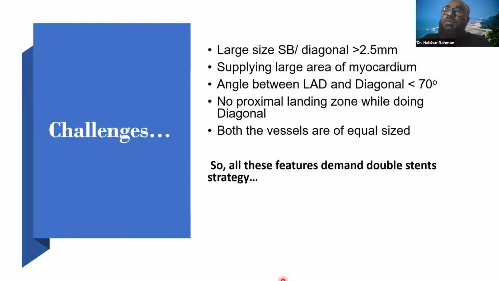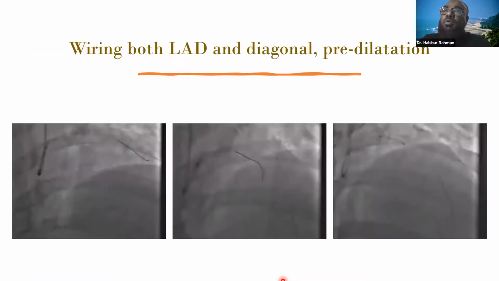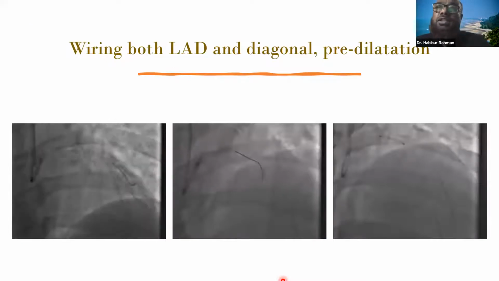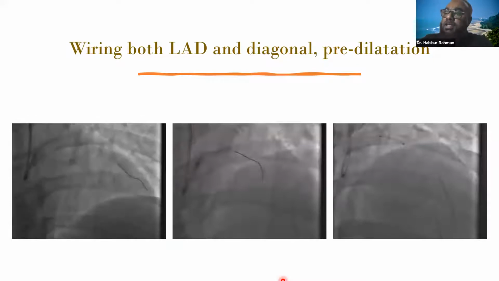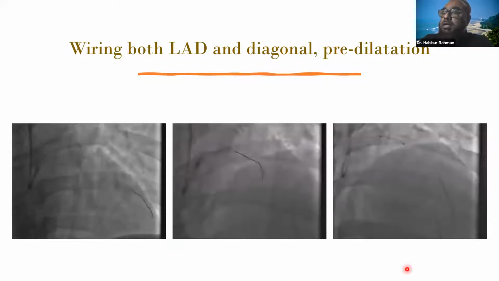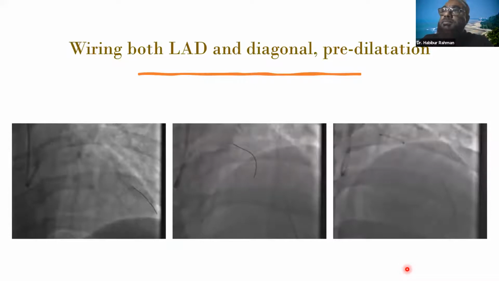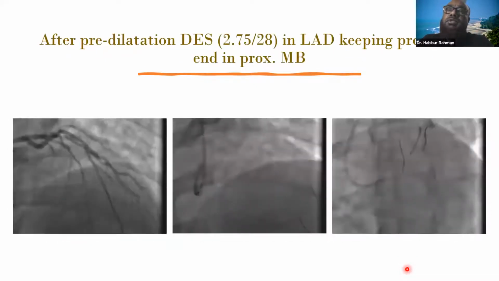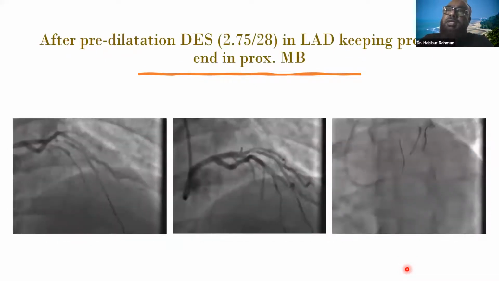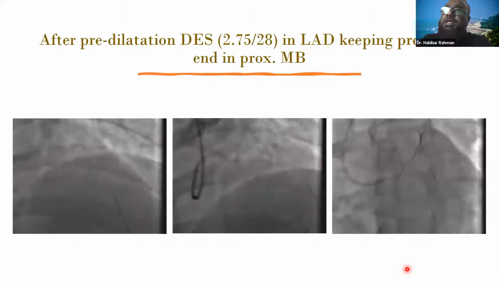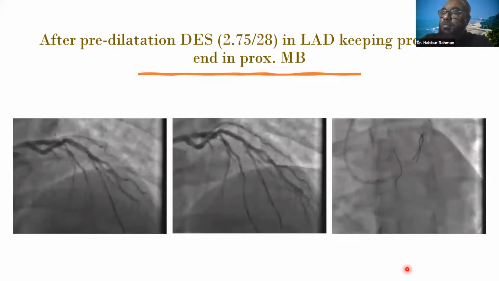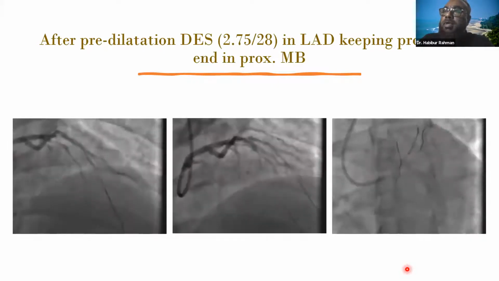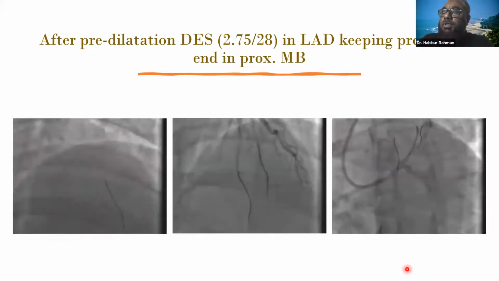Of course, we went for culotte stenting. So wiring both LAD and diagonal and pre-dilatation are done. After pre-dilatation, a DES 2.75 by 18 in the LAD, keeping the proximal end in the proximal main branch adequately so that we can do POT.